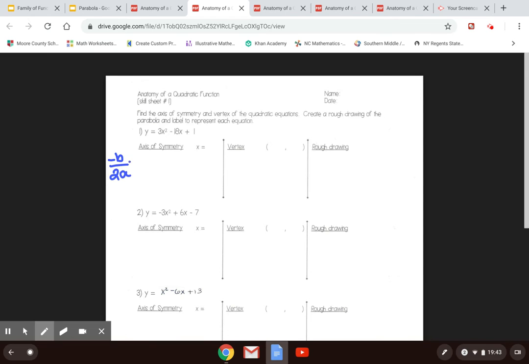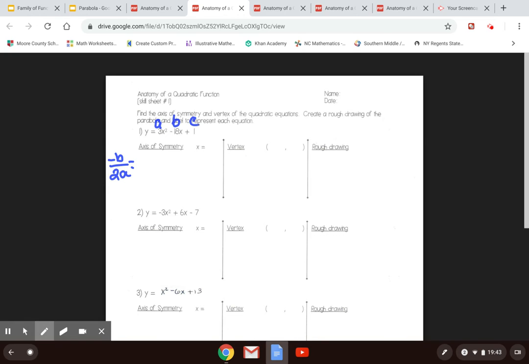So what that means is, when I look at my function, we said that this is ax squared plus bx plus c. So my a is the coefficient of x squared, b is the coefficient of x, and then we have c.